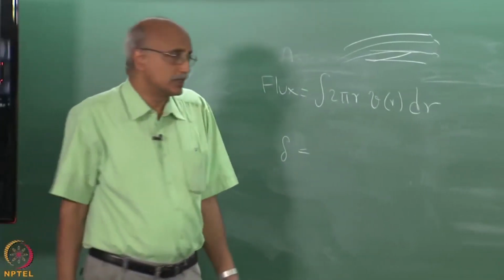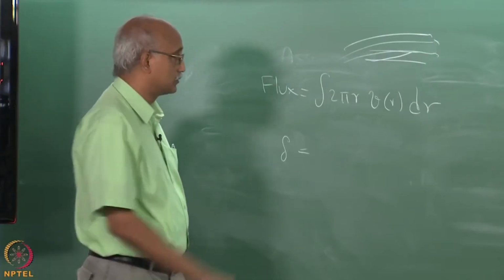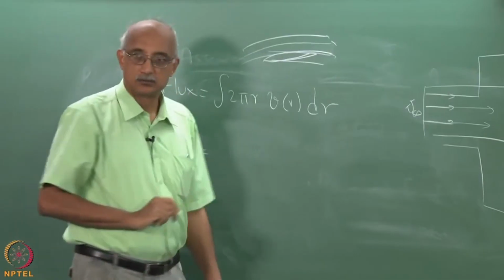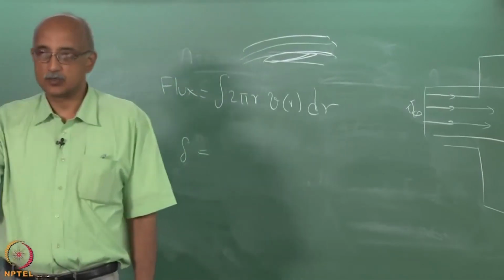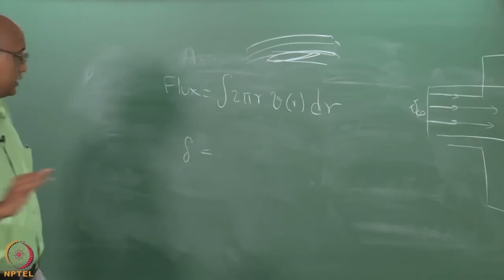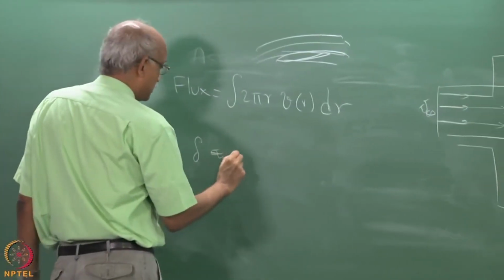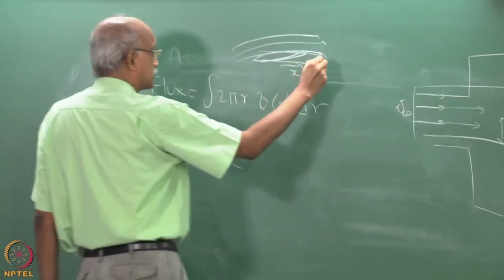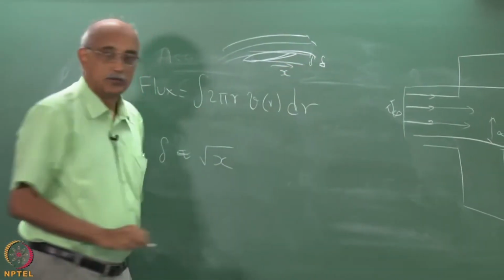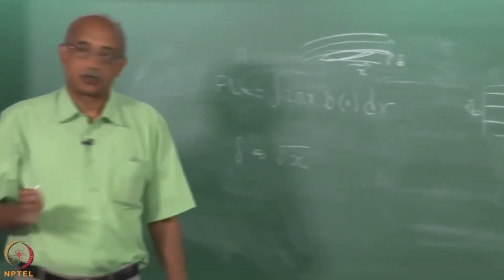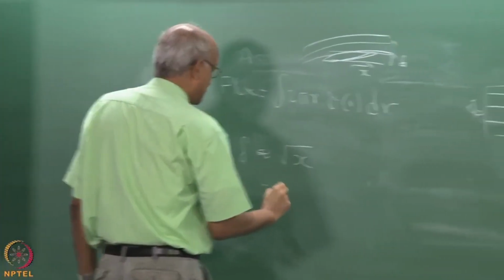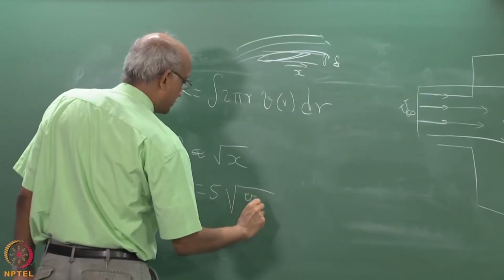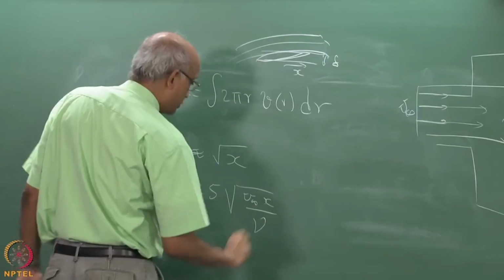What would the shape look like? Will it look like this, or will it look like this? The second one, right? So, essentially it is proportional to square root of x, where x is this distance and this is your boundary layer thickness, or numerically this can be written as 5 times square root of u infinity x by nu.